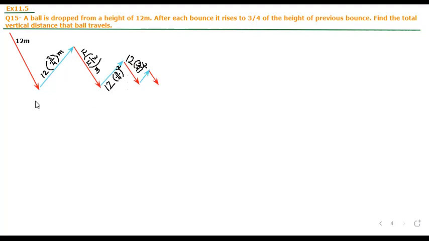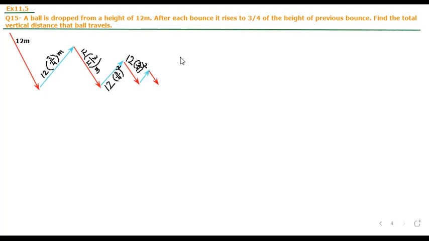Okay, so we see that there are two types of directions here. One is down, which is shown by red arrows. This is the down traveling of the ball, and the up traveling of the ball is with blue. You can see the blue. So there are basically two series.